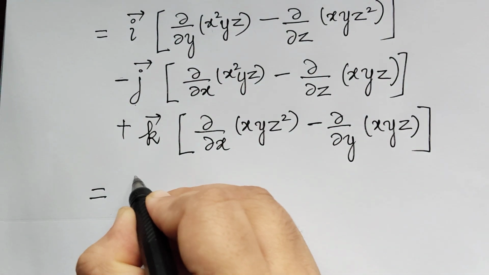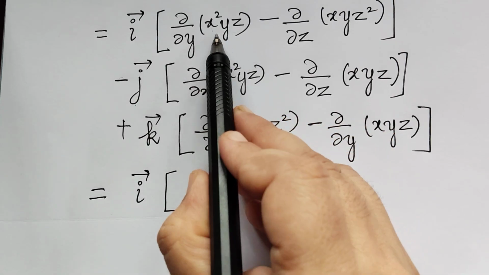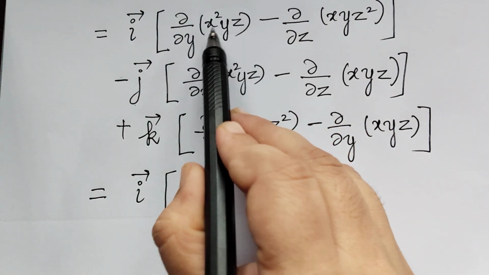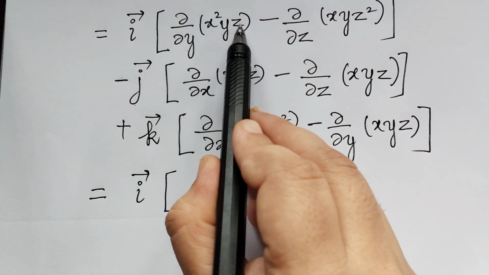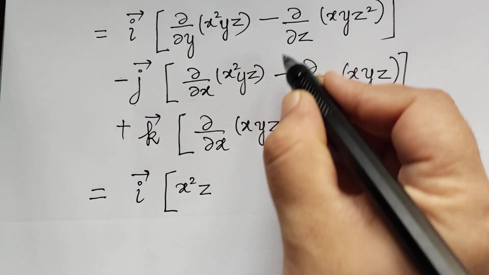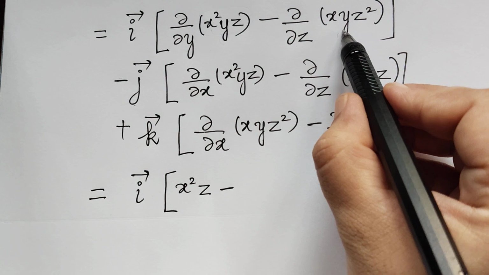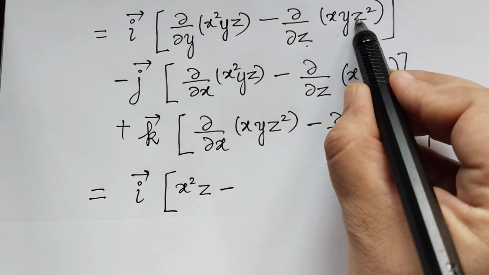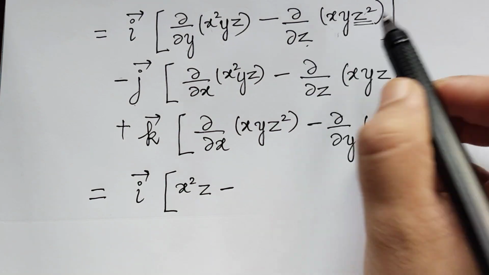That is, this will be equal to i vector multiplied with partial differentiation of x²yz with respect to y. So x² and z will be constants. Differentiation of y is 1. So you get x²z minus, what is partial differentiation of this with respect to z? This alone we have to differentiate, so it will be 2z.